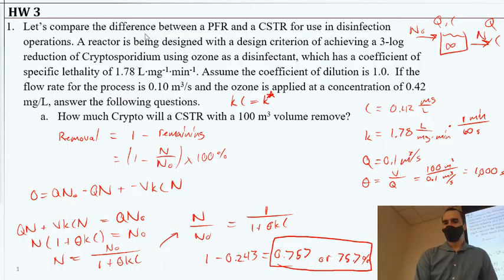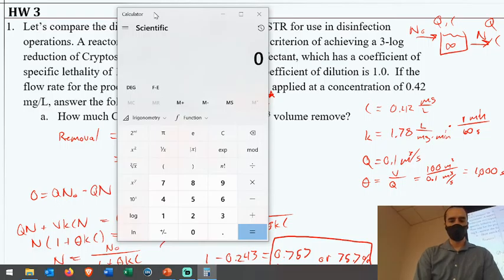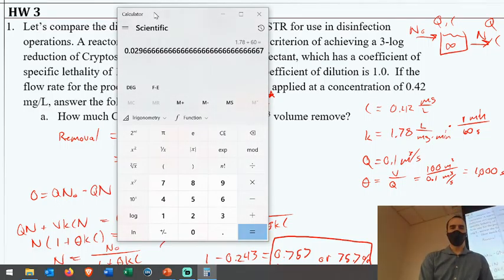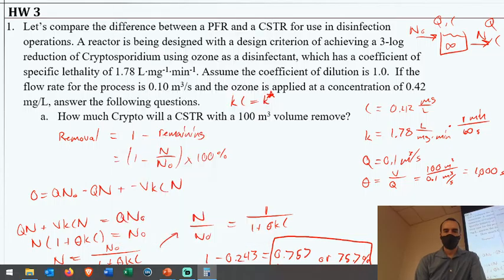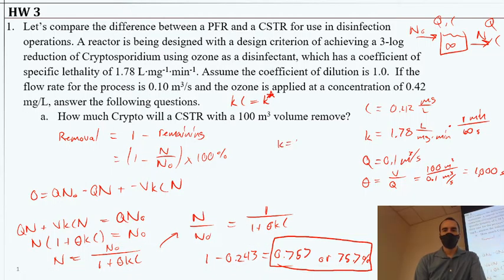So if we take 1.78 and divide that by 60, that should give us the K value that we ought to be using there. So K is 0.0297, so 0.03 essentially, 0.03 liters per milligram per second, once we do that conversion.